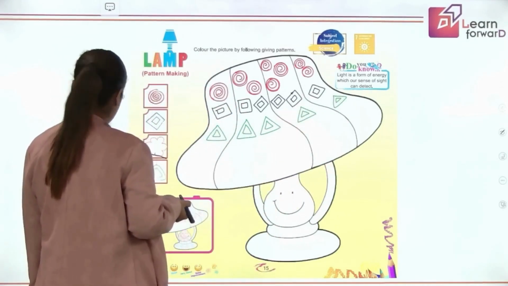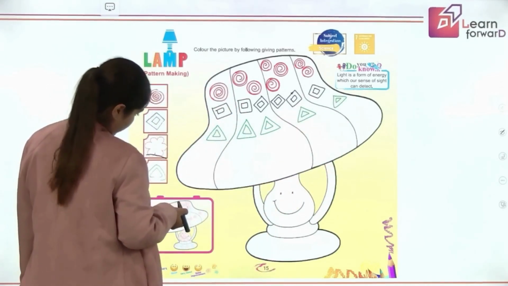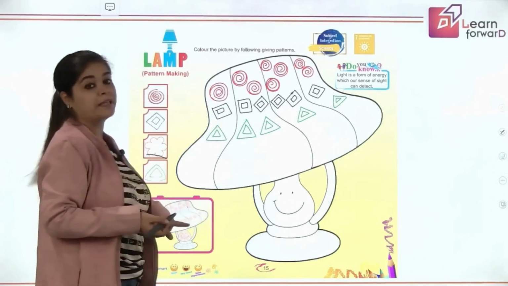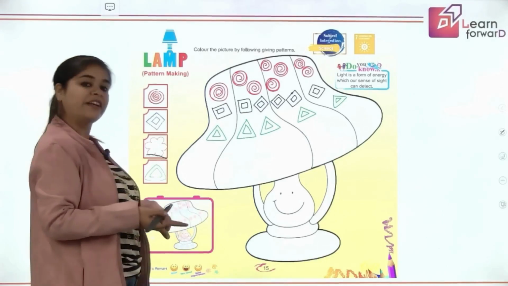So, we are done with the third one. And now, when I see my picture, the first pattern is repeating again. So, let's go for the red color once again.